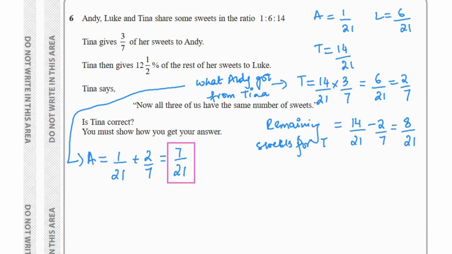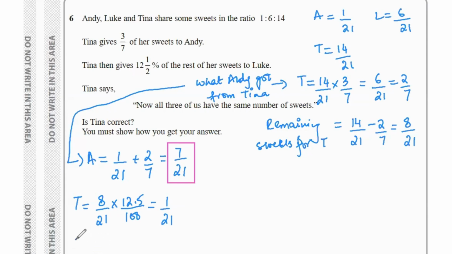Now going back to Luke. For Luke, we're going to first find 12.5% of 8 over 21. So 8 over 21 times 12.5 over 100, which equals 1 over 21.